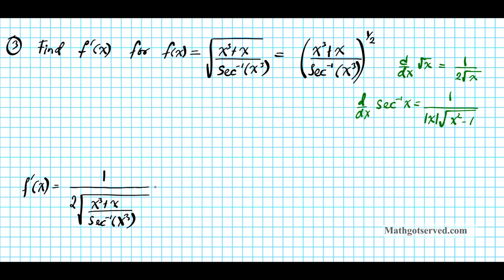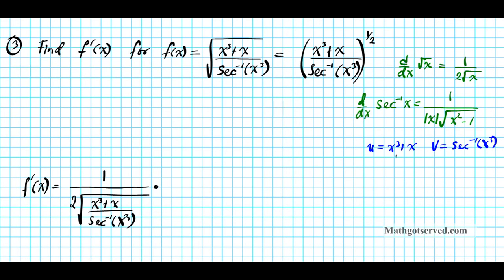All right, we're done with the outermost function. Now we're going to shift our attention to the inner function. To do that, we're going to have to use the quotient rule. When I'm using the quotient rule, u is going to be x to the third plus x, and v is going to be the arcsecant of x to the third.